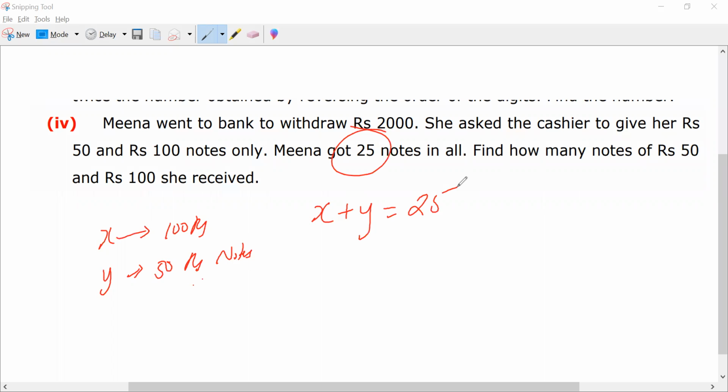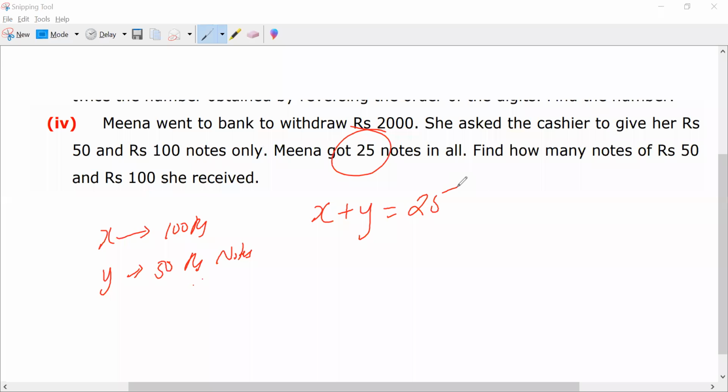Yes or no? She asked the cashier to give her rupees 50 and rupees 100 notes only. And how much she wanted totally? 2000. Correct.